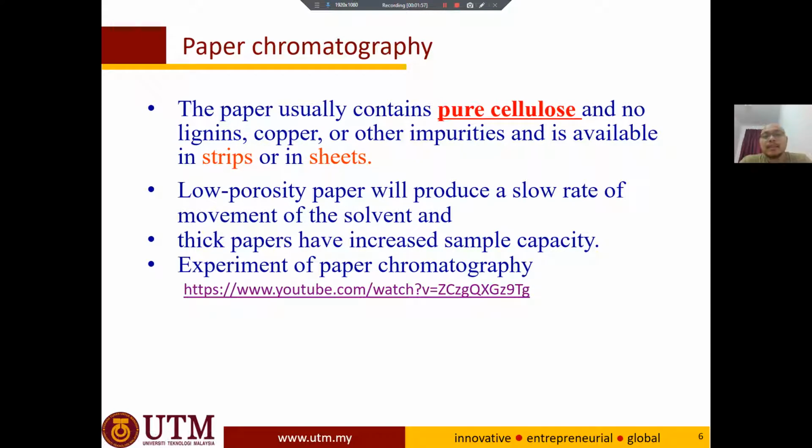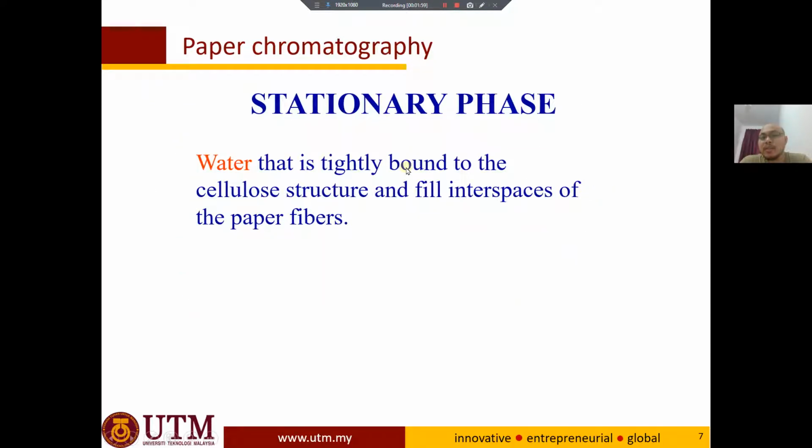Let's look at the stationary phase of paper chromatography. Here is why paper chromatography falls under partition, which means the interaction between two non-miscible liquids.